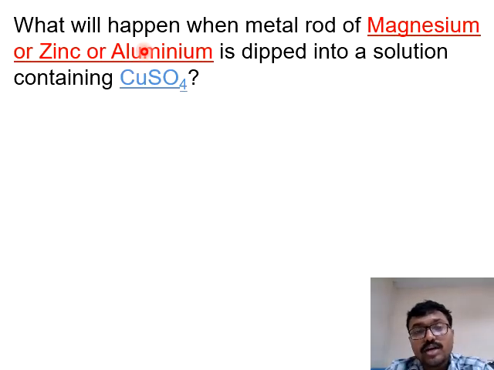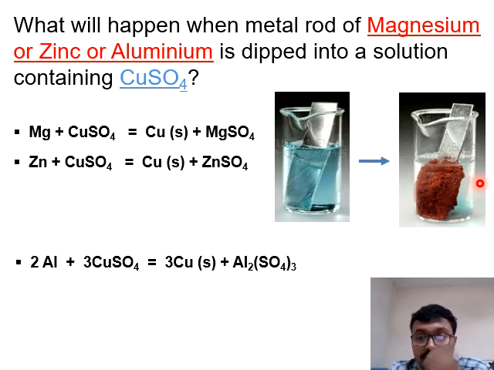Next question: what will happen when a metal rod of magnesium or zinc or aluminum is dipped into a solution containing copper sulfate? We can think of a similar reaction.